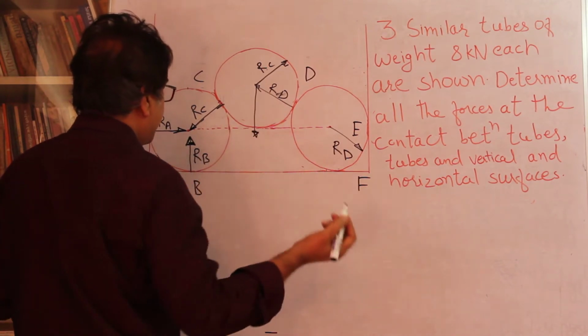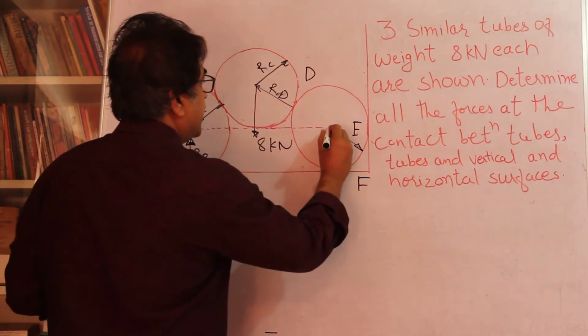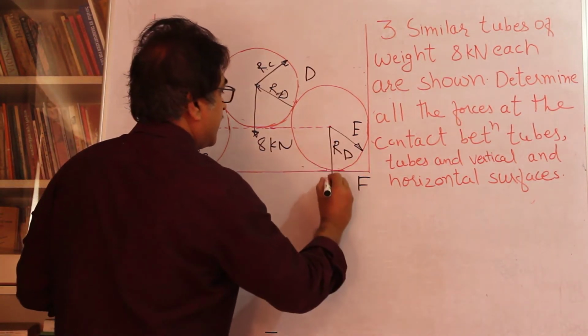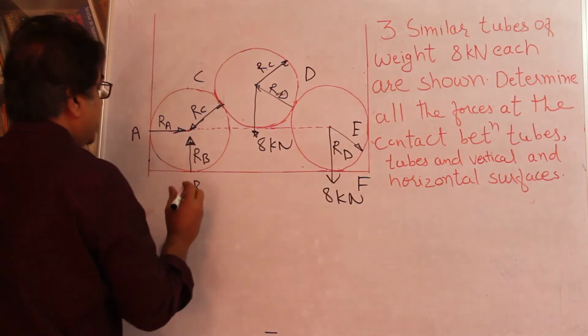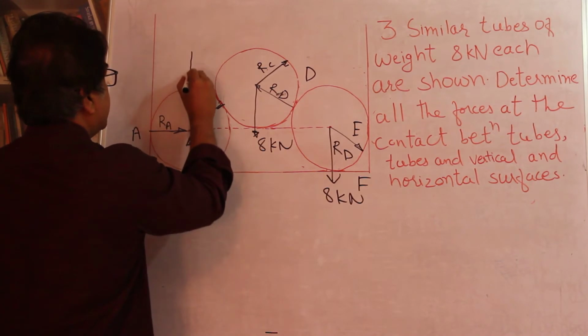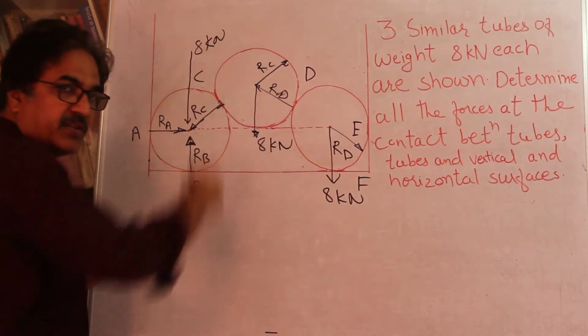So we will consider weights. All the weights. This is 8 kilonewtons. Each of them has got a weight equal to 8 kilonewtons, and I will draw it here, 8 kilonewtons, on the same line.